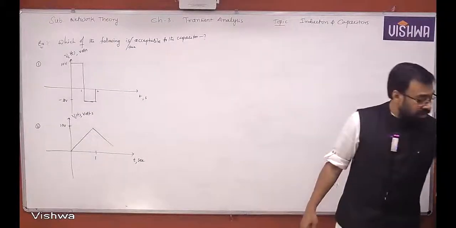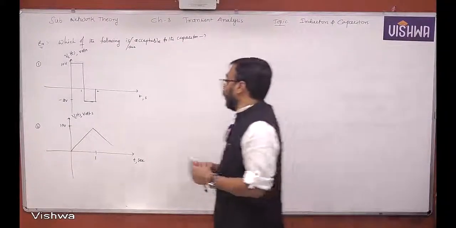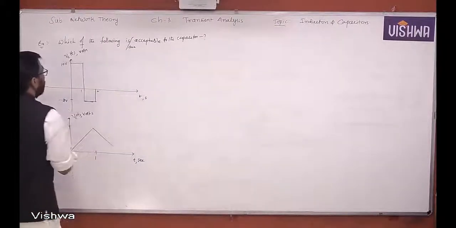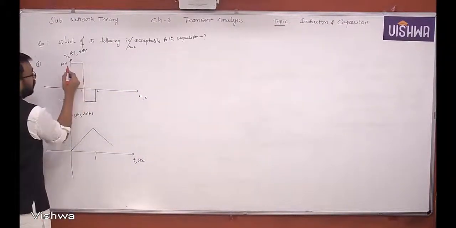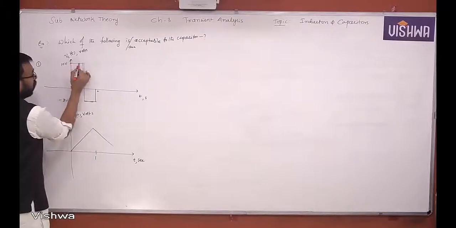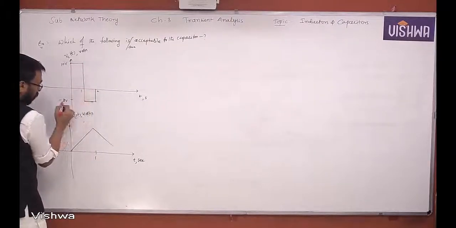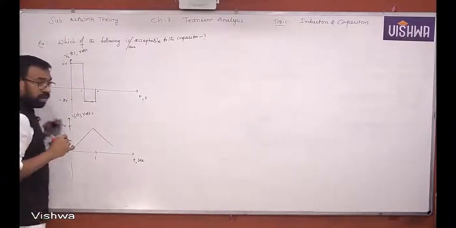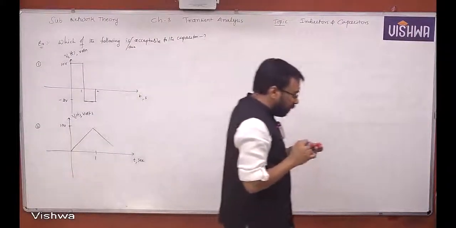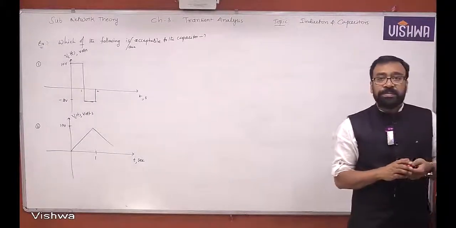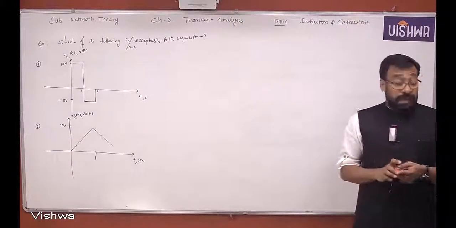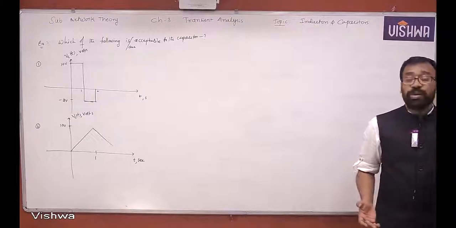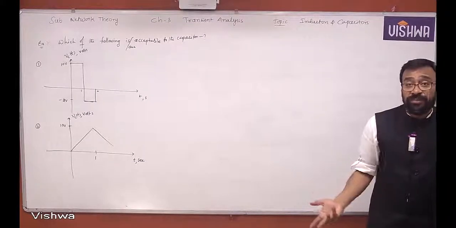Let me explain. The voltage across the capacitor is changing from 10 volts suddenly down to minus 2 volts, in how much time? In zero time. We know that voltage across the capacitor may not change instantaneously. But unless you know the current through the capacitor, whether it is finite or infinite, you cannot confirm.